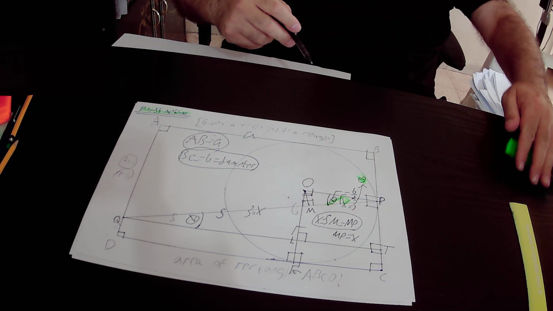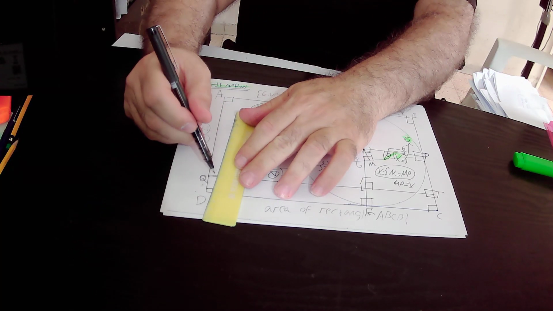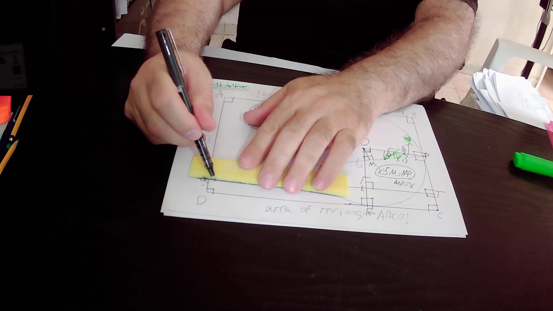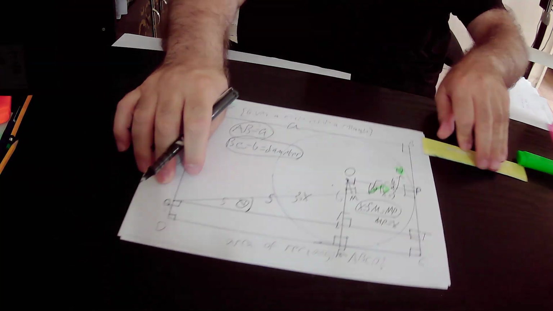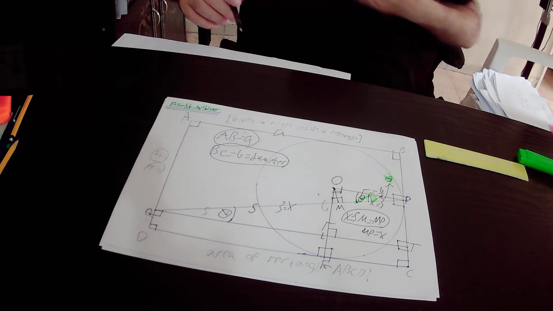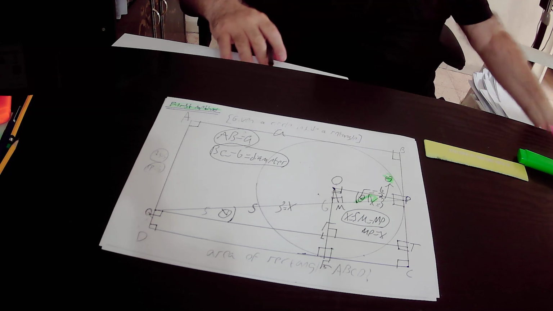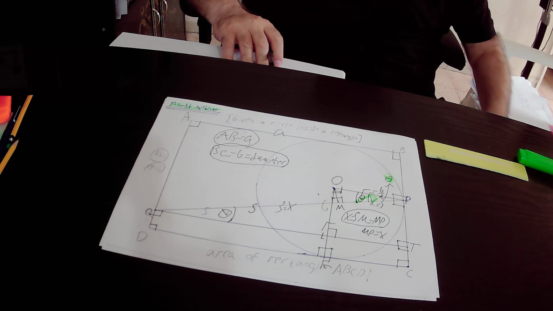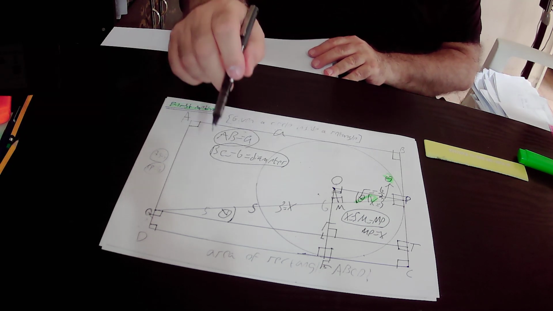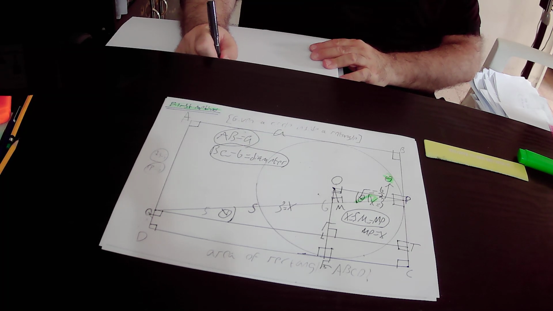Therefore, the fourth angle must also equal 90 degrees. So we found out that inside quadrilateral QTCD, we have 4 right angles. And any quadrilateral that has 4 right angles must be at least a rectangle, if not a square. So we will relate to quadrilateral QTDC as a rectangle.